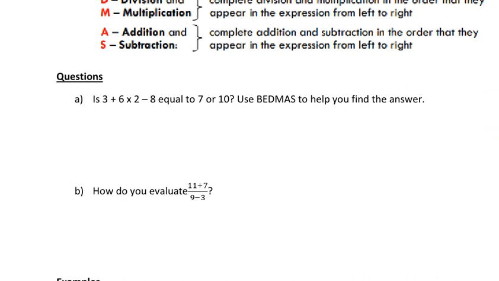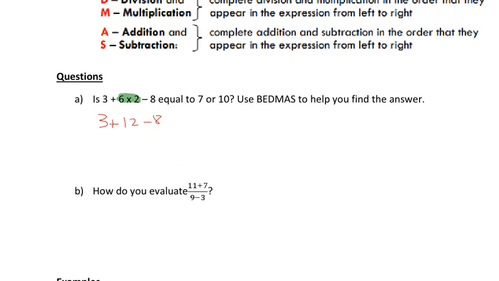So first I have to deal with the multiplication, right? Because do I have brackets? No. Do I have exponents? No. What comes after? Division or multiplication. What do I have here? I have multiplication. So I have to deal with the multiplication first, right? So that's going to be 3 plus 12 minus 8.